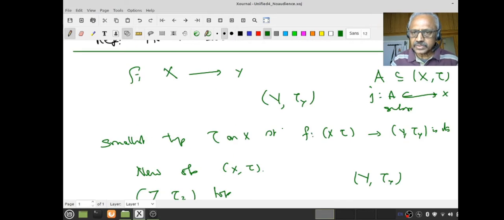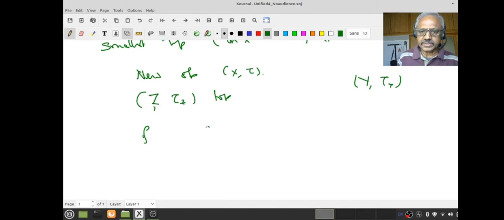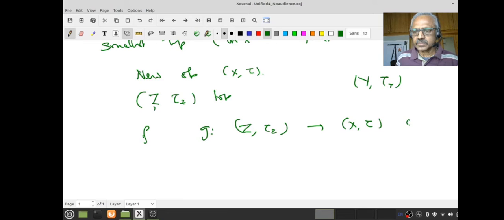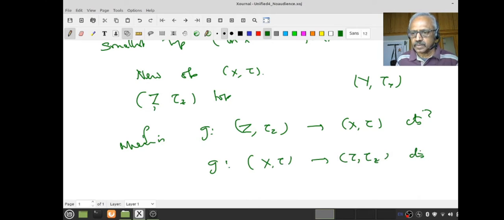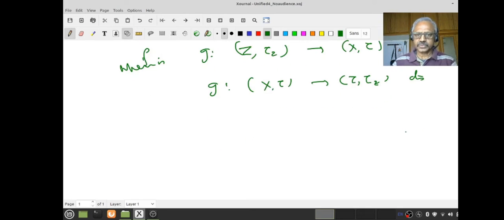Since I already used f, let me use a function g, either g from (Z, tau_Z) to (X, tau) being continuous, or the other way around, g from (X, tau) to (Z, tau_Z) being continuous. This is what I mean by maps into the new construction or maps from the new construction being continuous. This is the natural question I should ask.